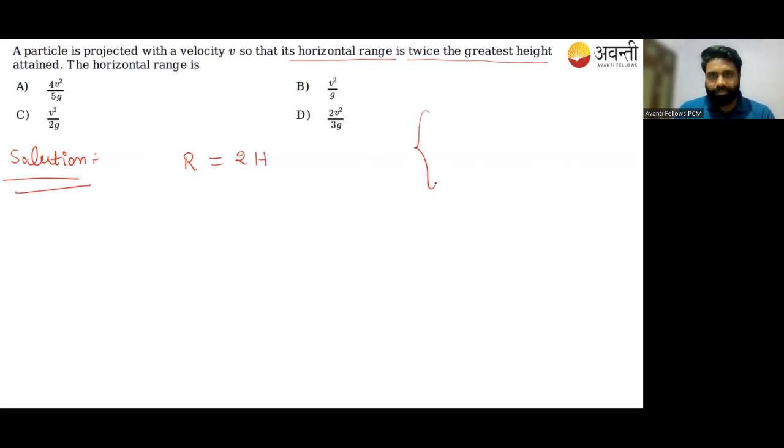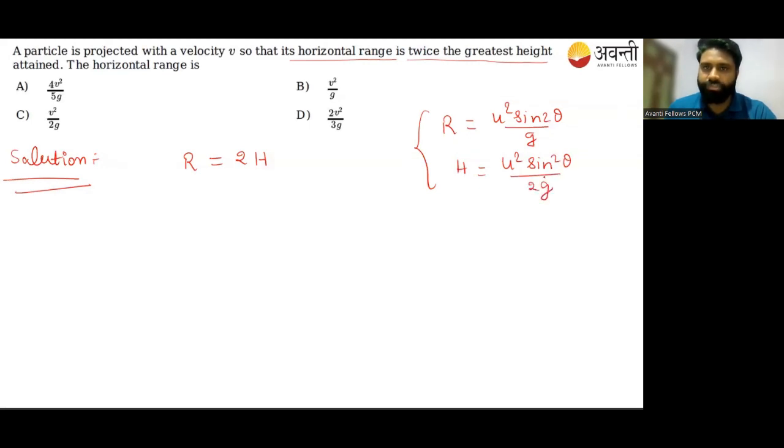And we know that the formula for horizontal range in projectile motion is u square sine 2 theta divided by g, and for maximum height, it is u square sine square theta by 2g. Got it? Put this value in this equation.